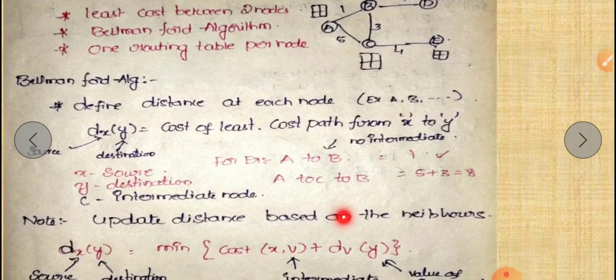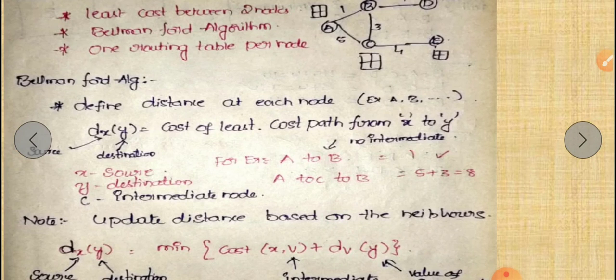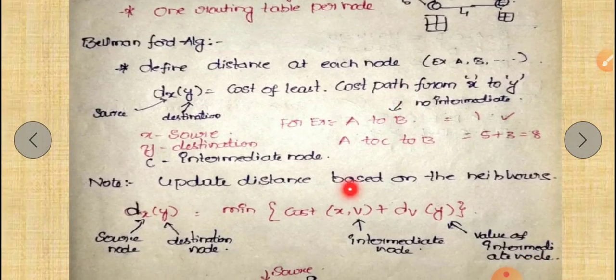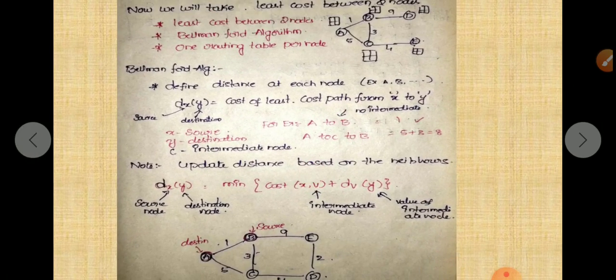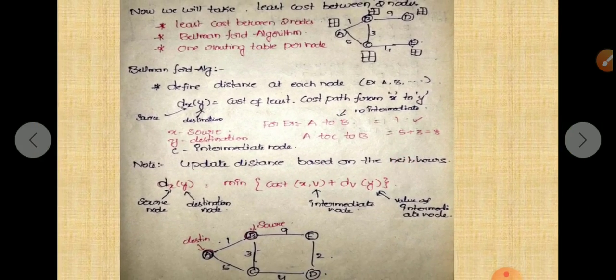You can notice the distance cost is 5 plus 3, which is equal to 8. So now we can update that B has the least distance from A, which is 1. The least cost path is going to be updated in B's routing table or A's routing table, right?